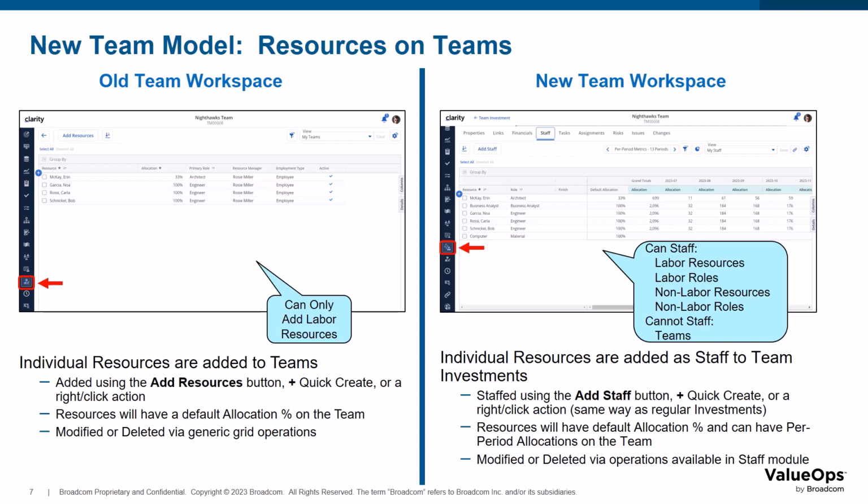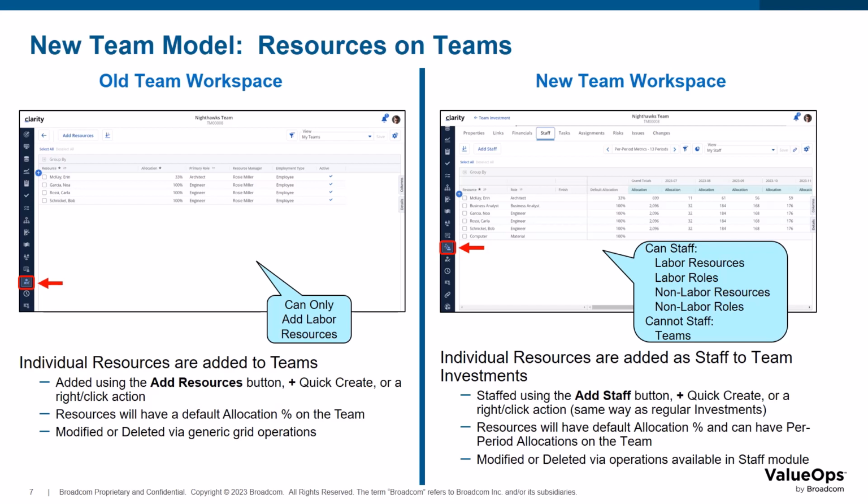And under the new model, you actually can staff labor and non-labor resources and roles to your new team investment. But you cannot staff teams on team investments. And you'll do this in the new team workspace that I'm showing here on the right via the staff module. And here in the staff module, this will look just like your investment staff module.